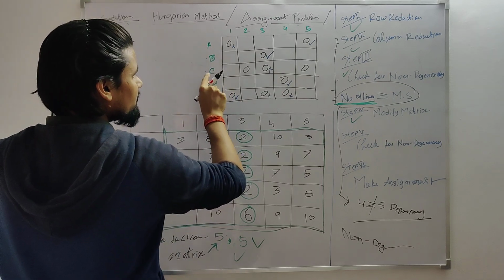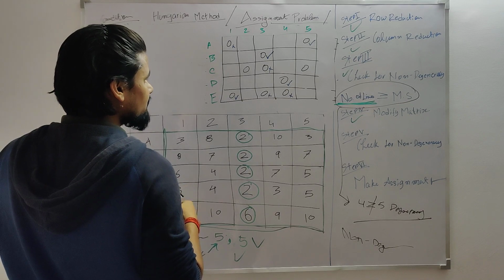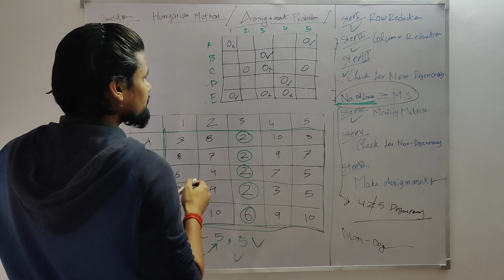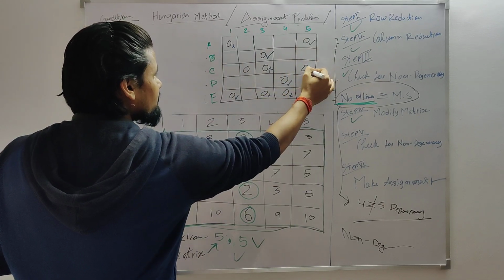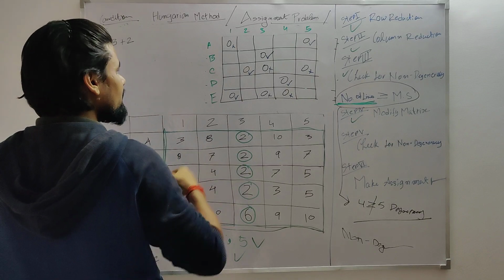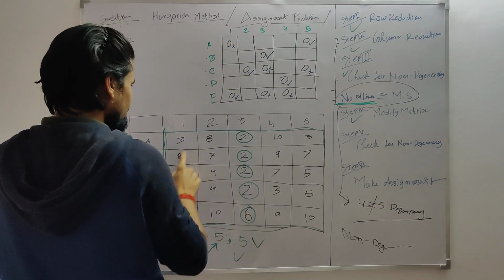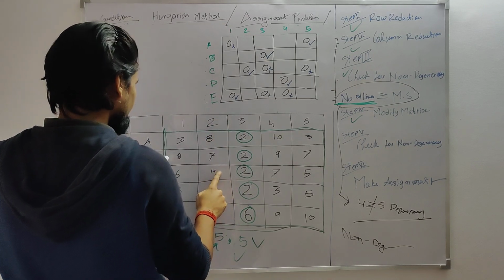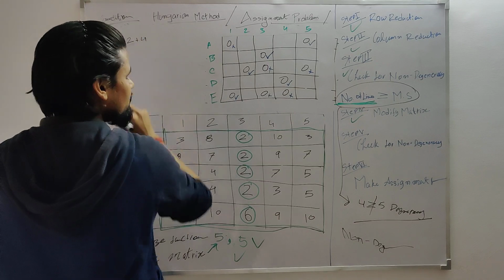Then similarly for C. We forgot about C. See, A is doing job number 5, so C can't do it. So C is left with job number 2. If C does job number 2, then it will take 4 units of time.